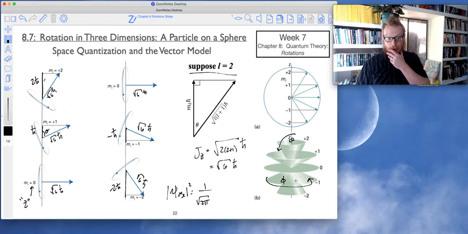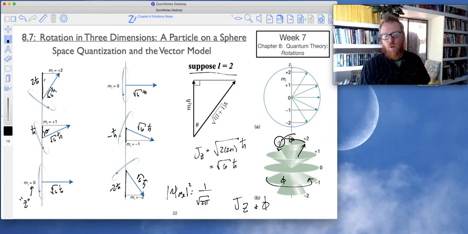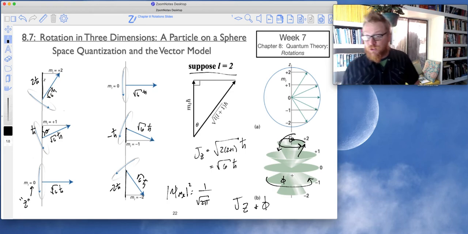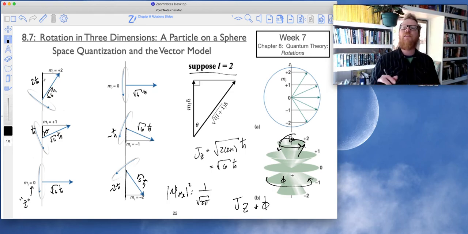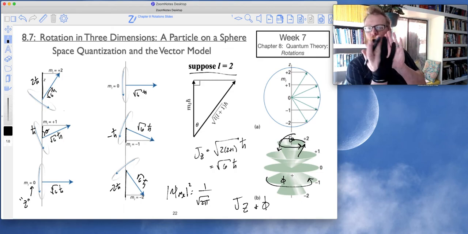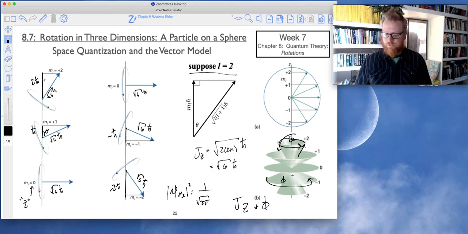It really just represents the fact that we still have a Heisenberg uncertainty situation going on. That uncertainty is between Jz and phi. We can specify this length here, but because we don't know where the particle is on this angle phi, that's what predicts this spreading all the way around. So we still have uncertainty in our angular momentum, but we've narrowed it down to these conical areas. Okay, continuing.